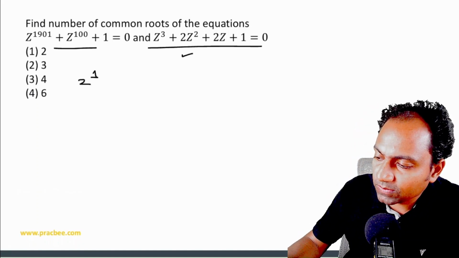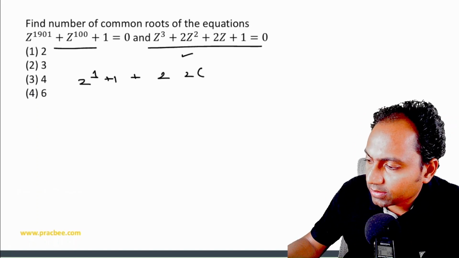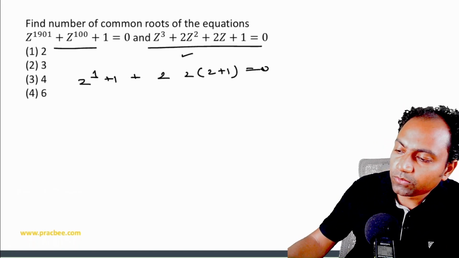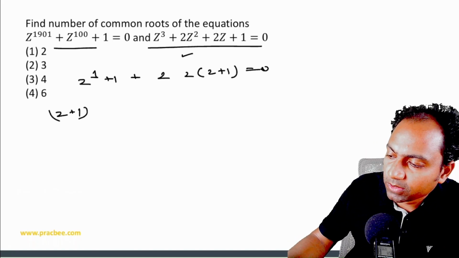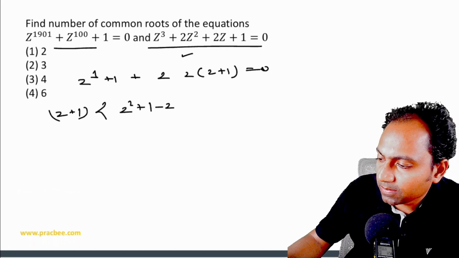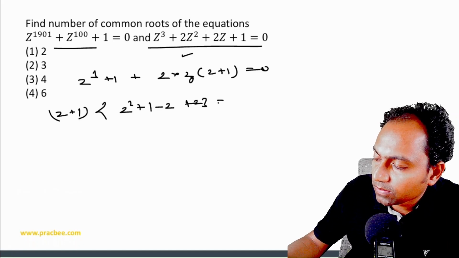If I take this one and refactorize it, this is what I get. Again, if you take z plus 1 common from all of it, this becomes (z plus 1)(z square minus z plus 1) plus 2z equal to 0.